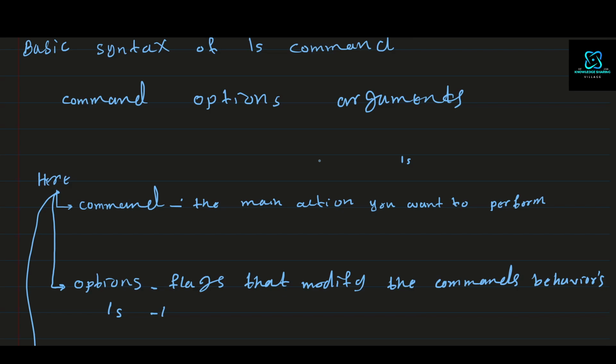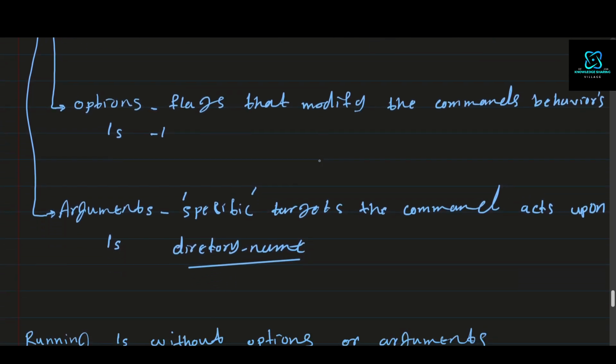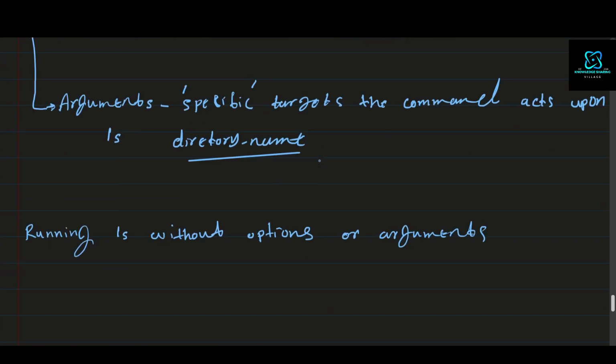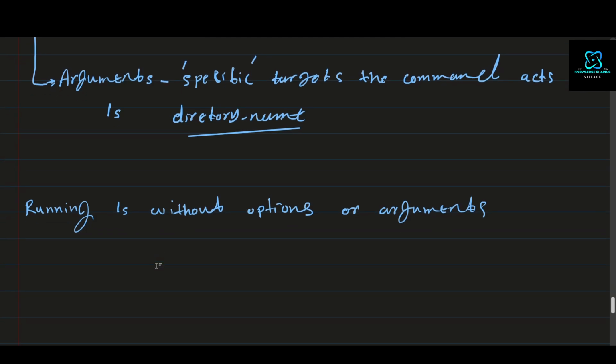Now we are going to explain the usage, how to use the ls command in different scenarios. First of all, we have talked about it a little bit. When you are executing or running the ls command without providing any option or argument, you just write ls and then enter.